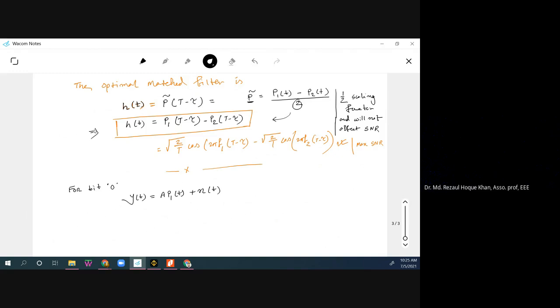So what should be the received signal? This is the received signal y t, but we will sample it, right?